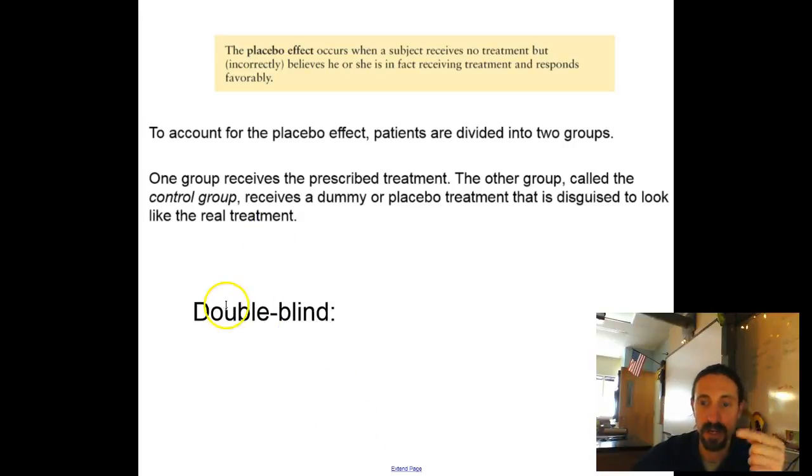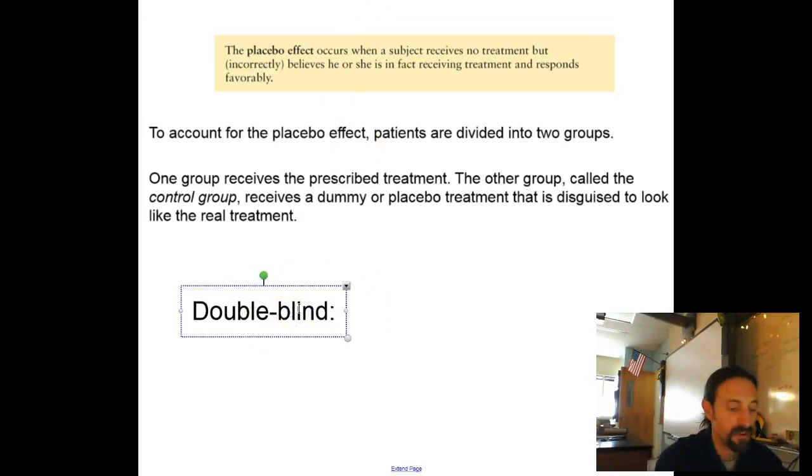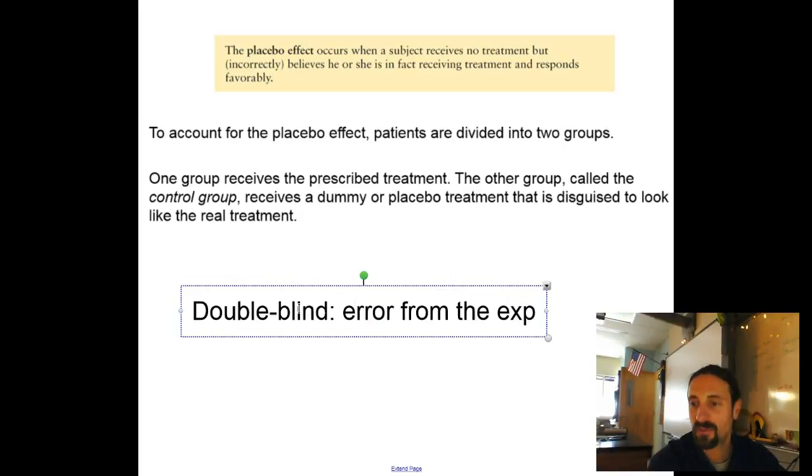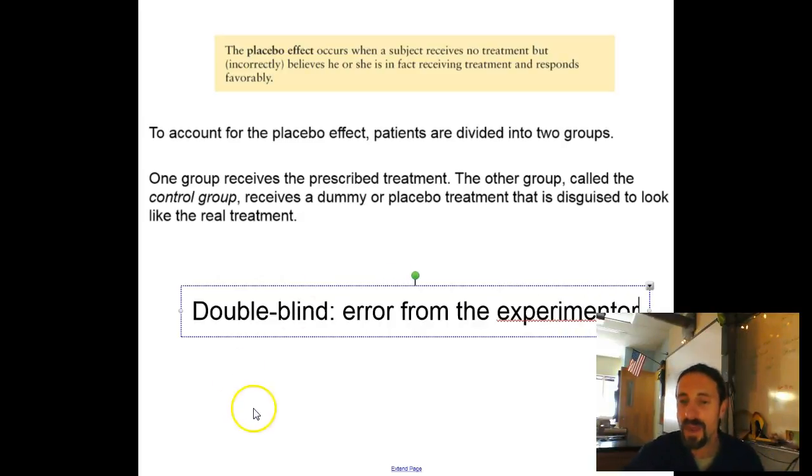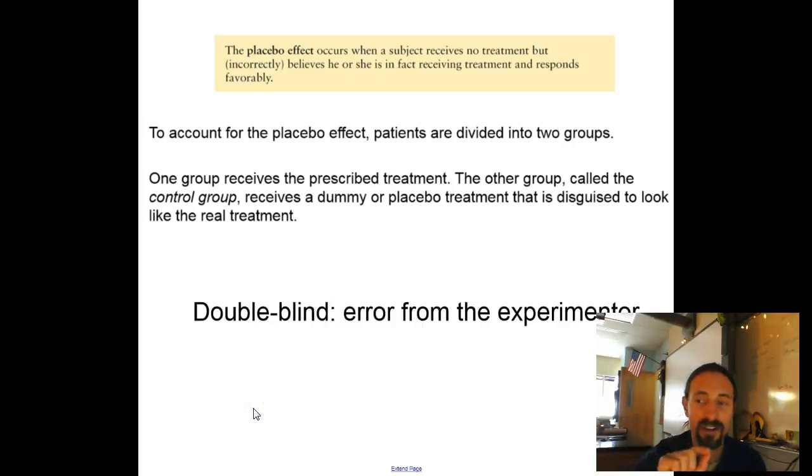Now, there's another term here called double blind, and that refers to error from the person performing the experiment. So, error from the experimenter. What that means is the experimenter is treating the subjects differently.